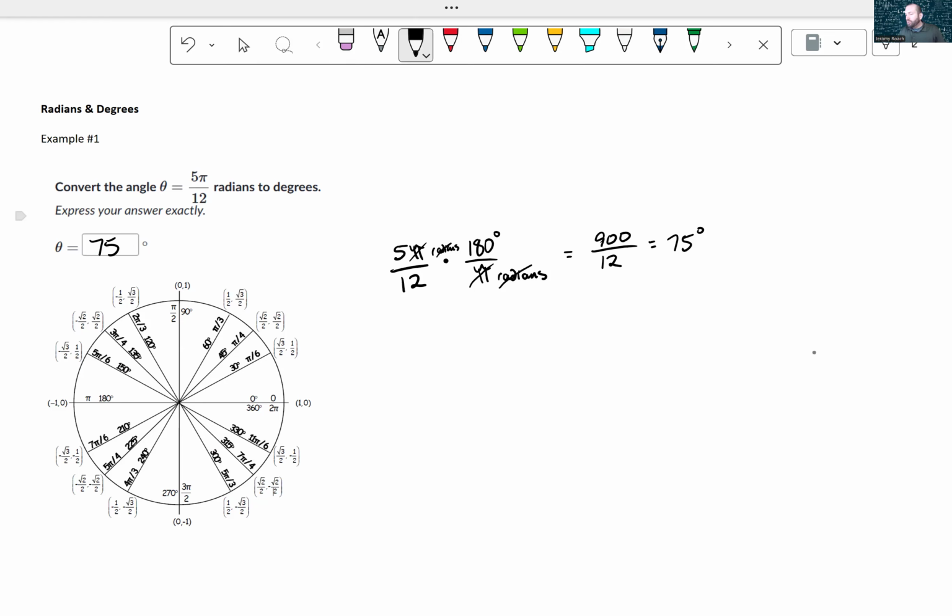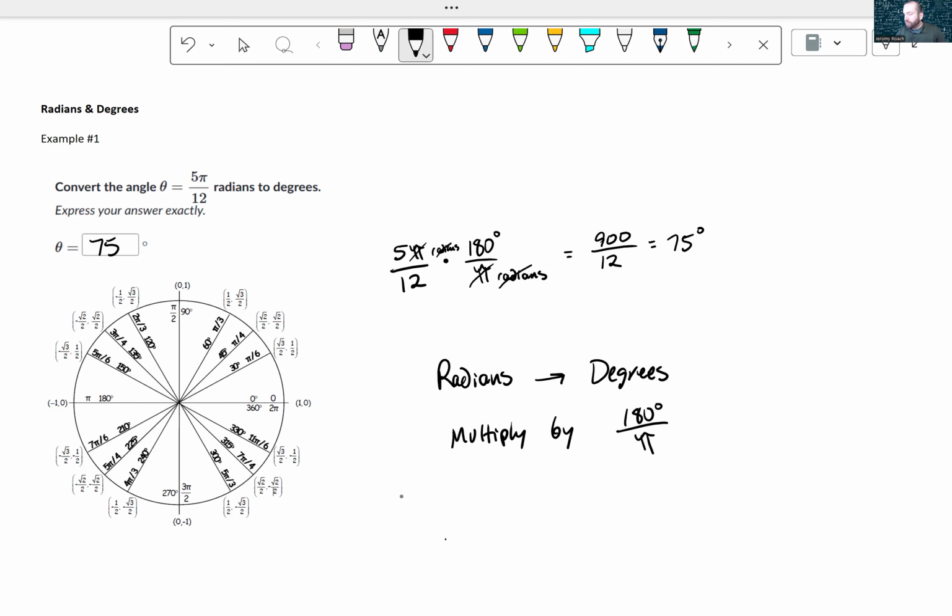Okay, so if you're going from radians to degrees, you multiply by, let's write this down, radians to degrees. You're going to multiply by 180 over pi.